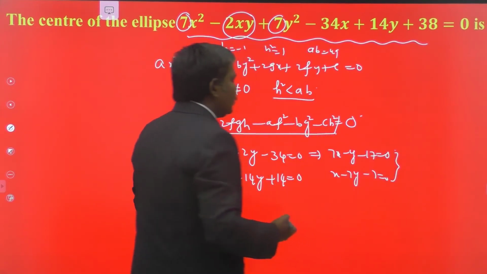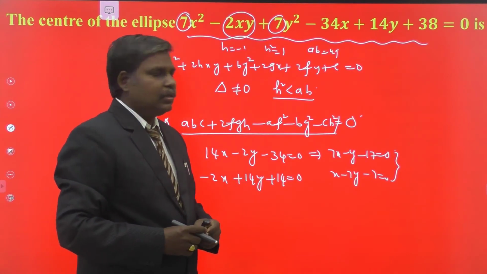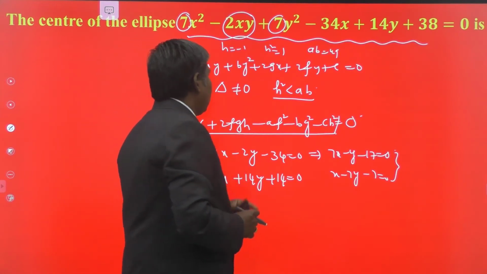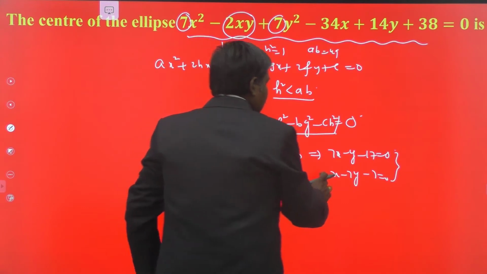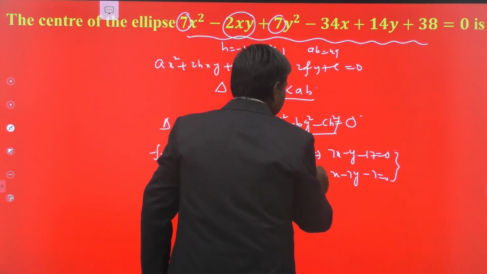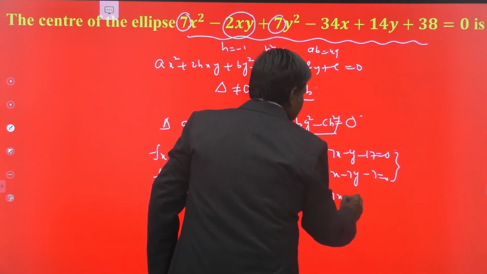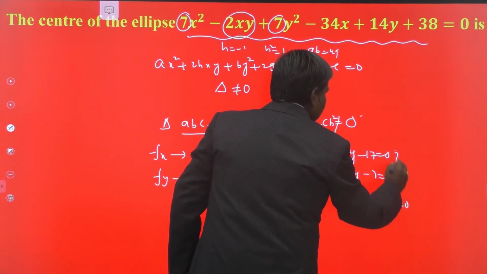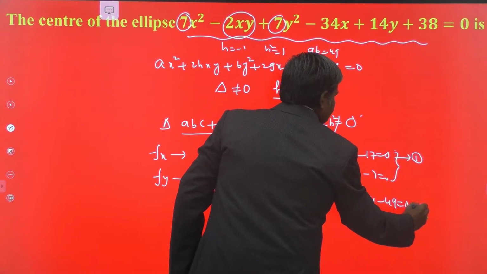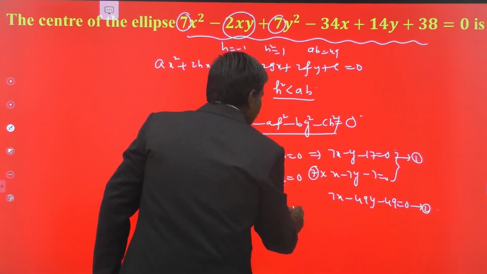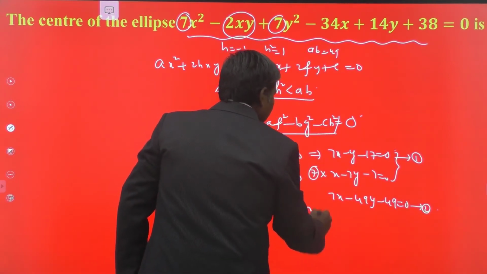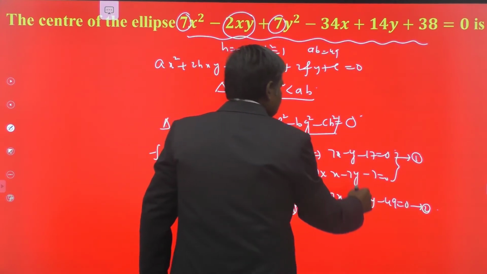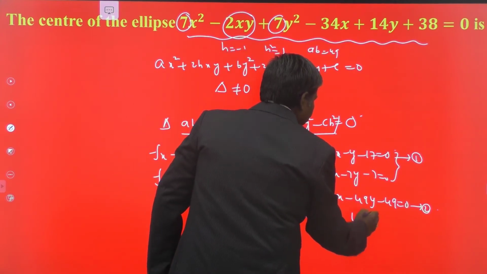By solving these two equations itself, we get the center of the ellipse. So for that, I am multiplying this by 7. We have 7x minus 49y minus 49 equal to 0. This is equation number 1. This is equation number 2. 1 minus 2. What happened? 7x gets cancelled. This is 48y.